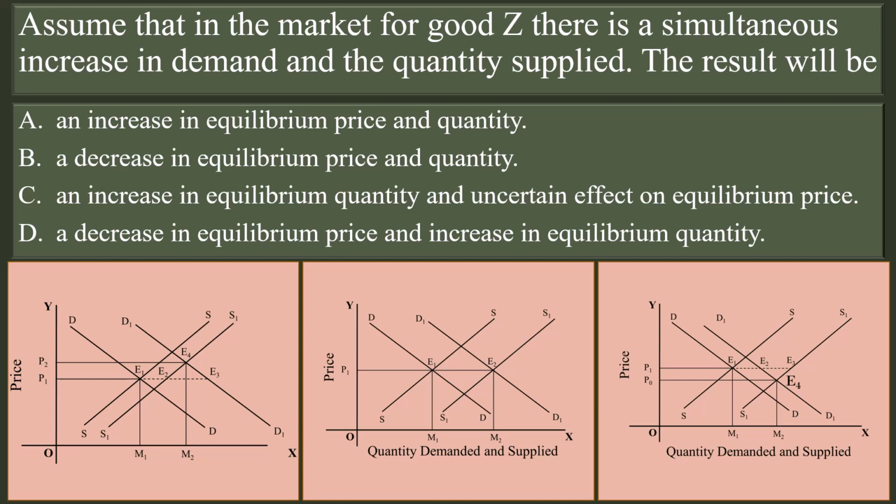In all the cases, the quantity increases, but its impact on price is different. At times it is higher, at times it is less, at times there is no change in price. So, its effect on price is uncertain, its effect on quantity is certain. Our option C is absolutely right.